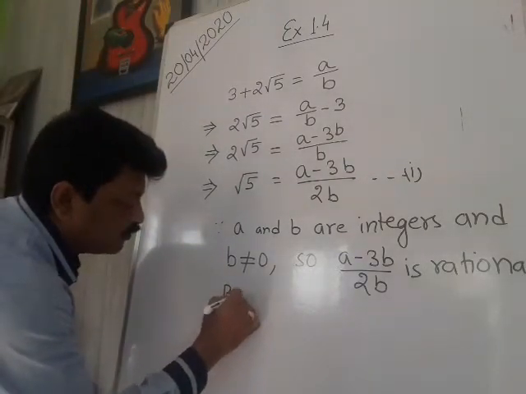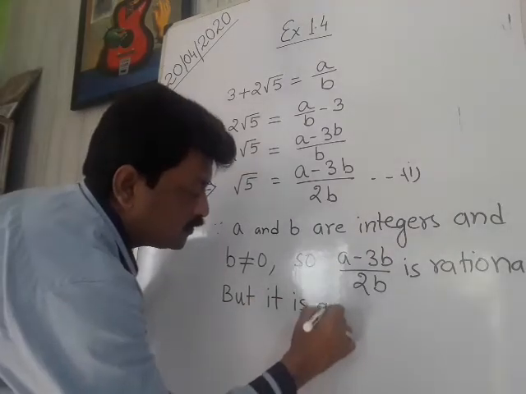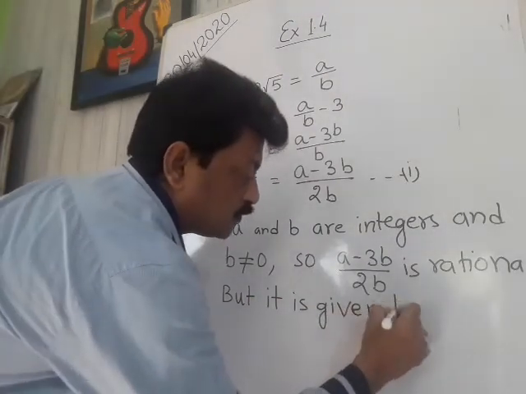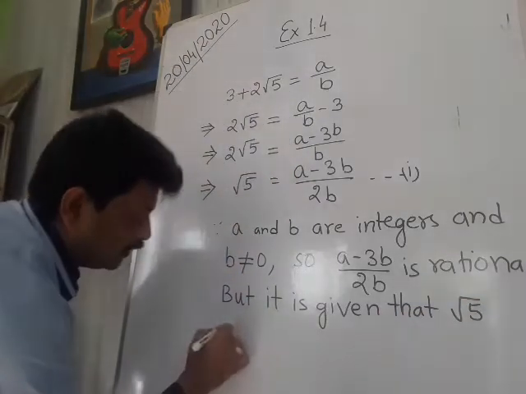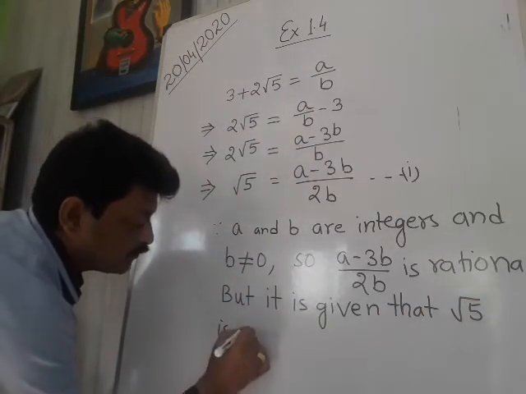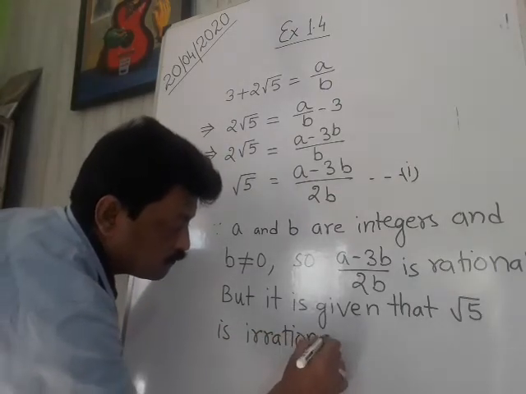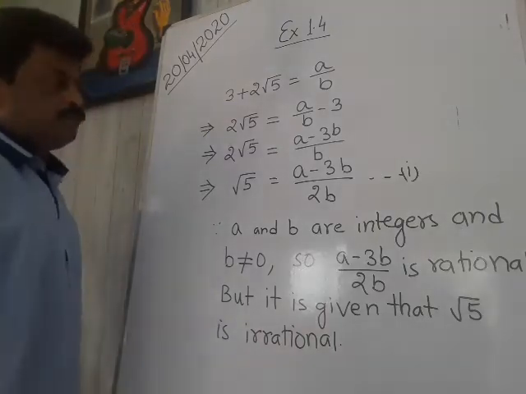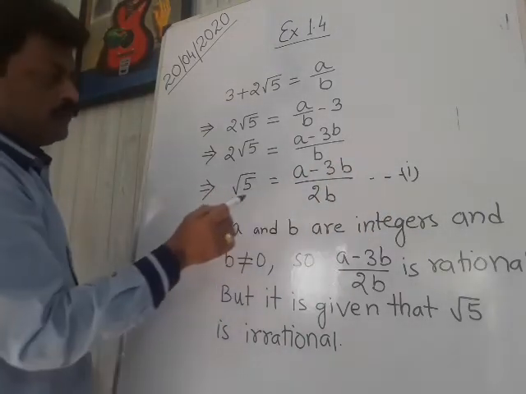but it is given in the question that root 5 is irrational. So from equation 1, what are we getting?